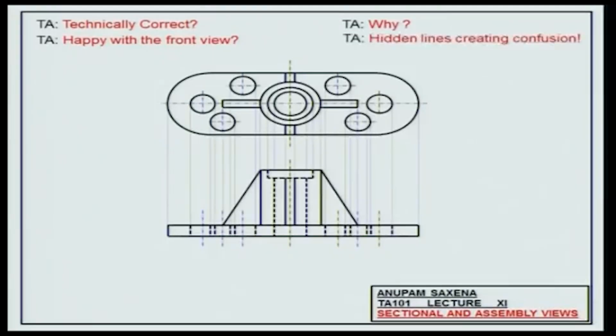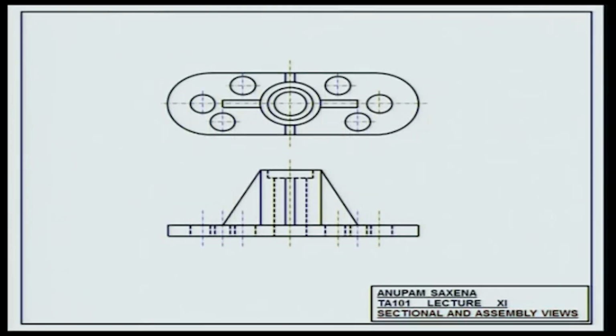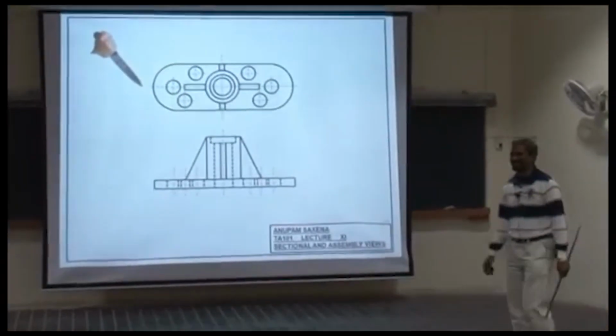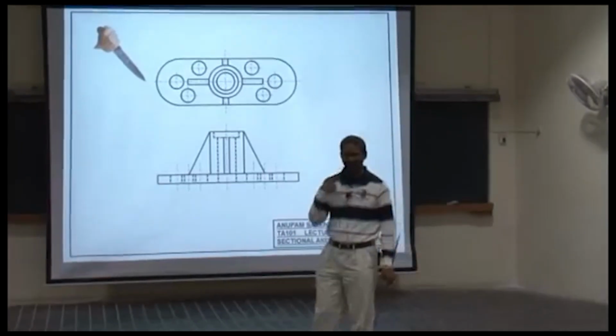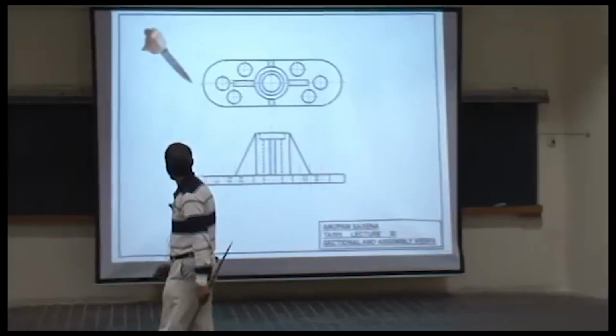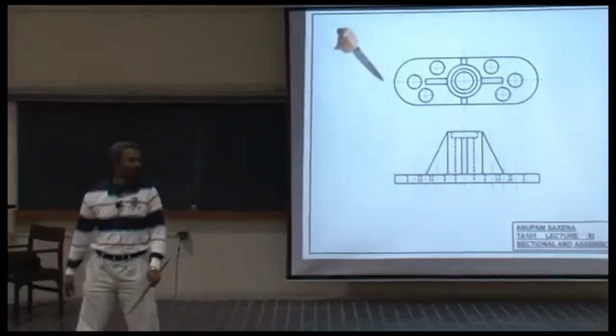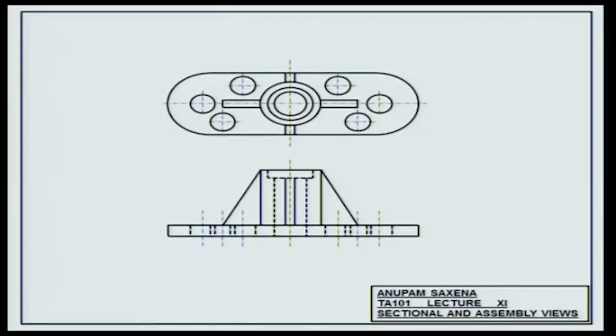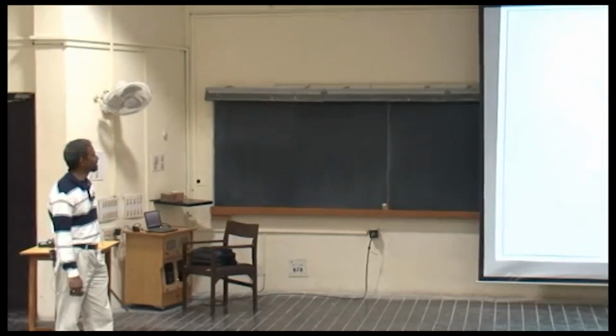So what we are going to do is take a knife and section the object so that the top view is sectioned.